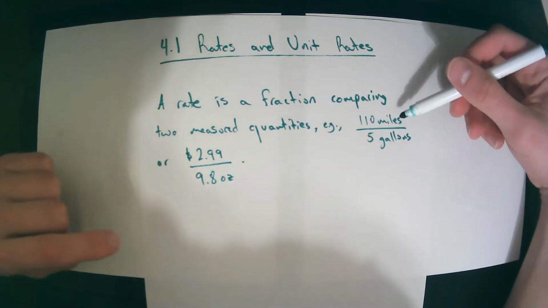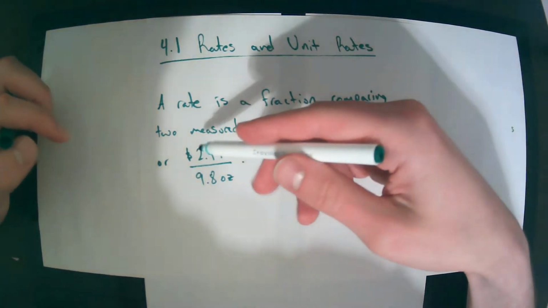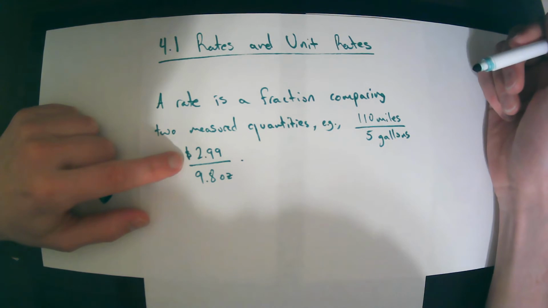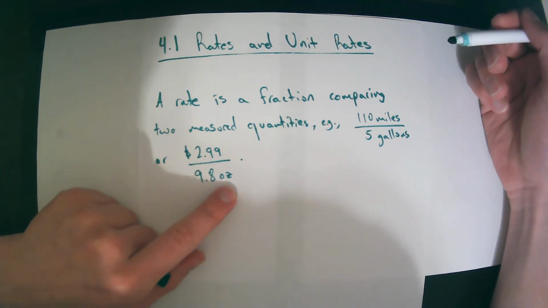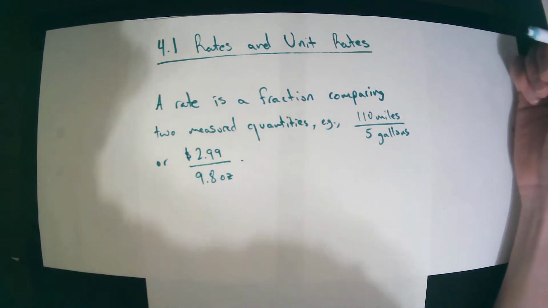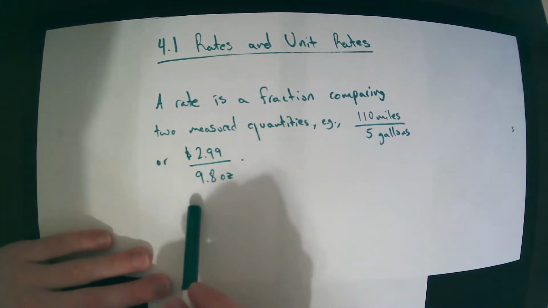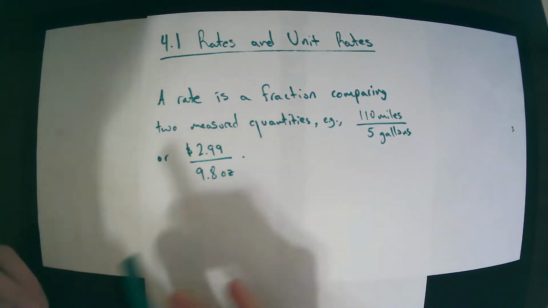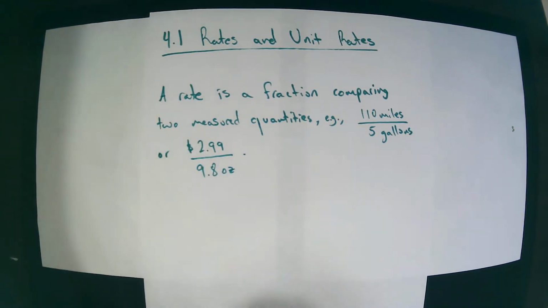For instance, miles is a measurement of distance, and gallons is a measurement of volume, and American dollars is a measurement of currency, and ounces is a measurement of weight, of mass, or volume, depending on if it's fluid ounces, right? So they're not related, and by comparing the two different units, we're getting a new idea for how these numbers are related. So that's what a rate is. All right.